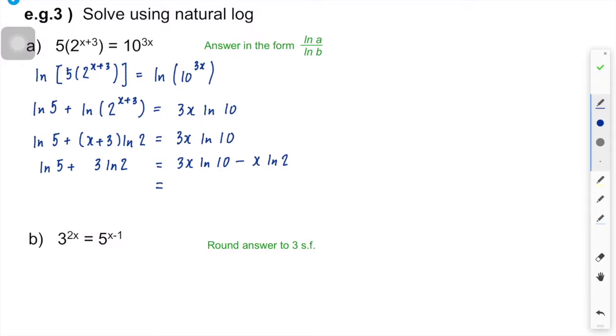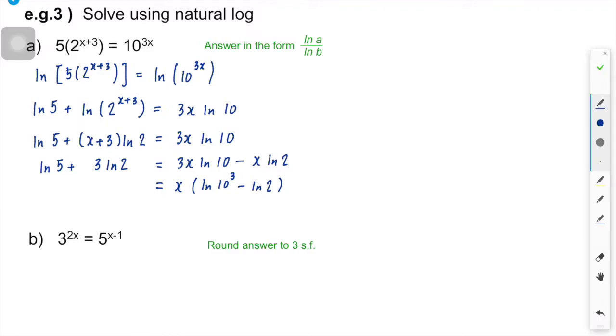This way, I can actually factor out x on the right side of this equation. I get x times 3 ln 10, or ln of 10 to the power of 3, minus ln 2.